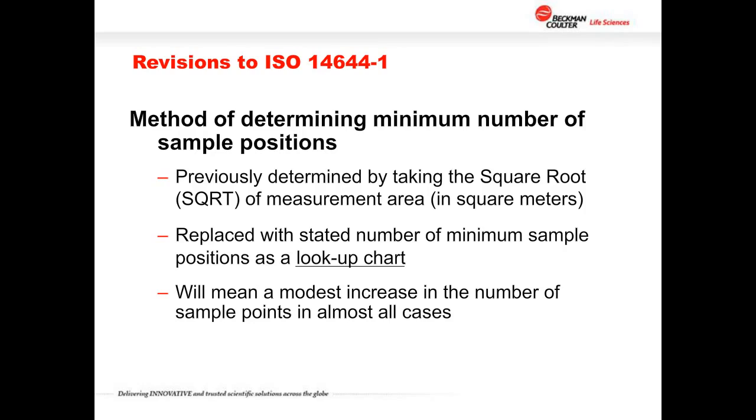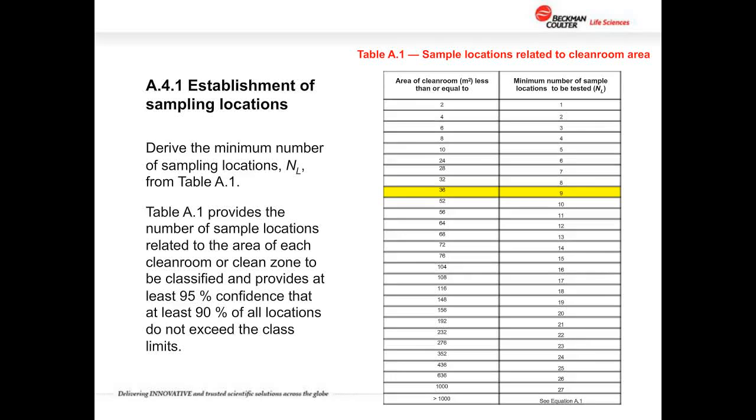So previously this was determined by taking the square root of the measurement area based in square meters. It's now replaced with a lookup chart, and this defines the minimum sample locations. Those can be increased. You can do beyond that, especially if you have certain high-risk areas you wish to have good confidence about. So in most cases that means a small increase in the number of sample points. So let's look at that chart.